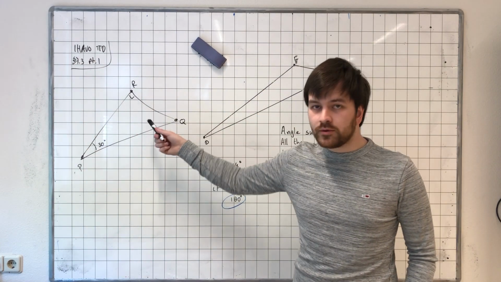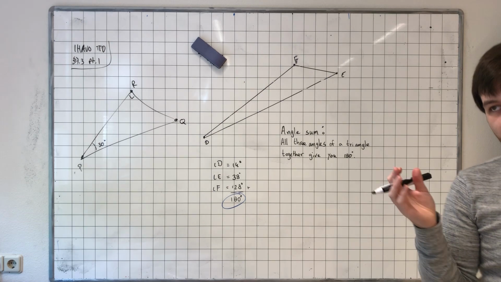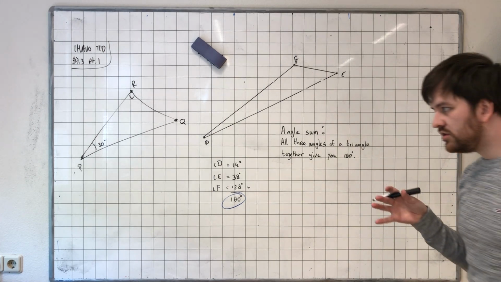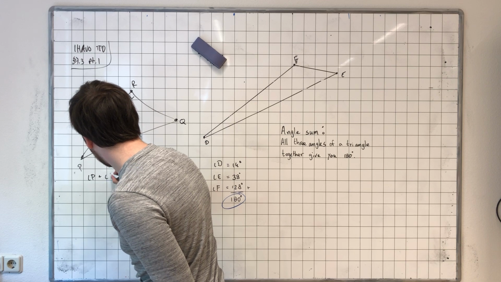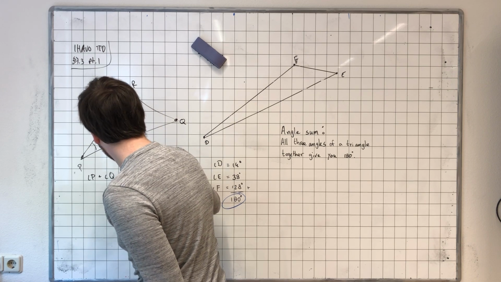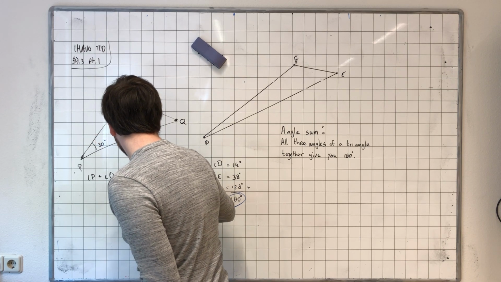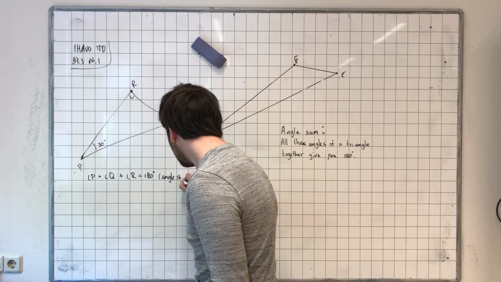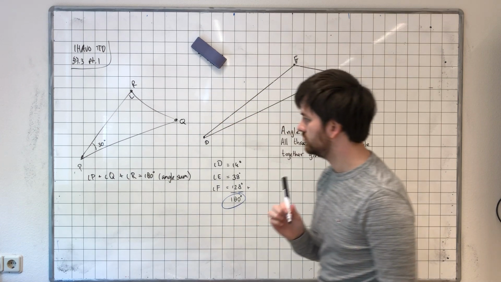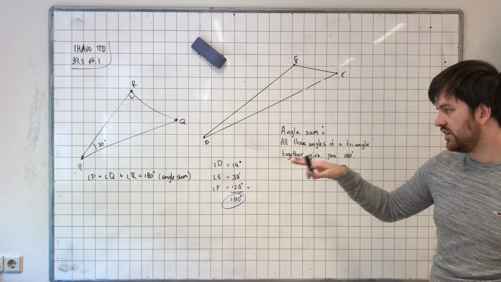Then I'm able to calculate angle Q without measuring it. So how should you do that? Well, you know that angle B plus angle Q plus angle R should be 180 degrees. Why? That's what the angle sum tells us.